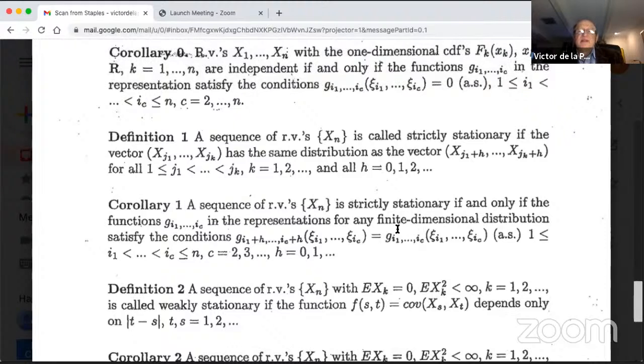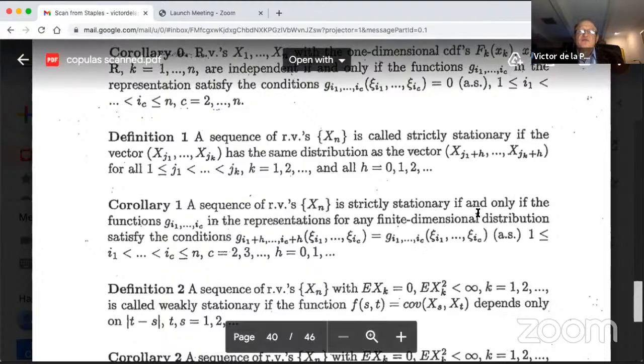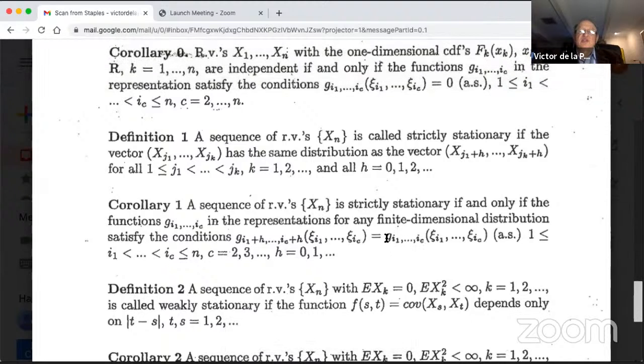So if you want to construct a sequence which is stationary, you have to check, you have to create the g's with this property.